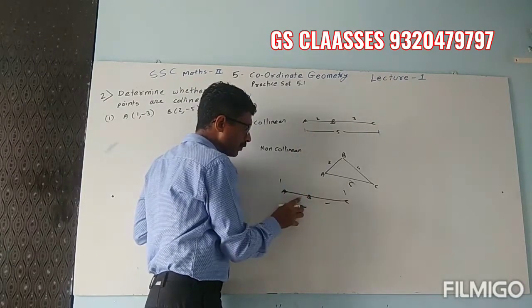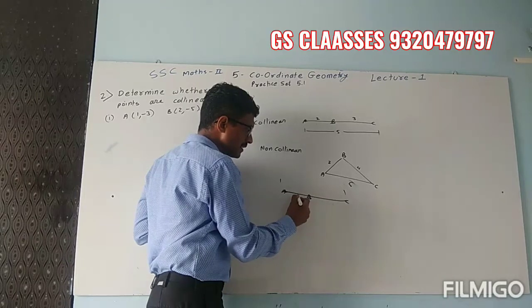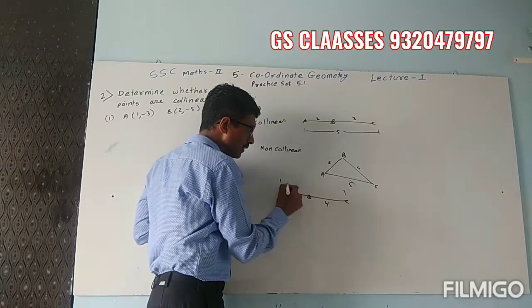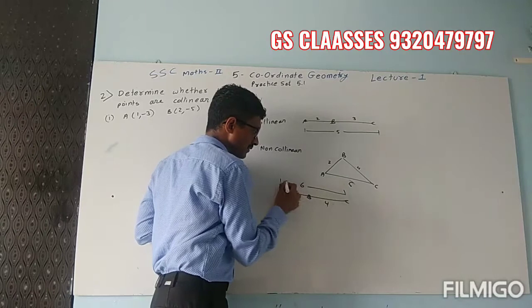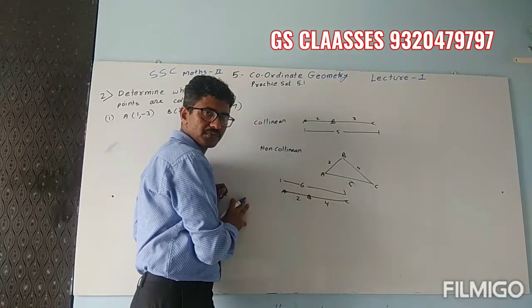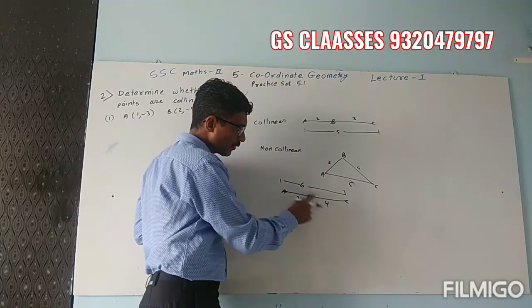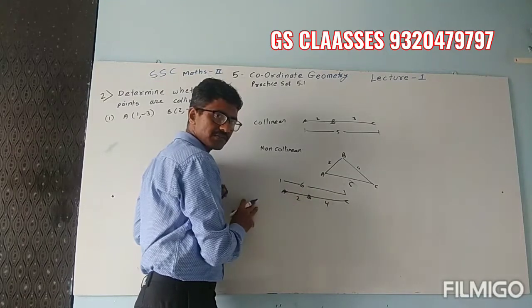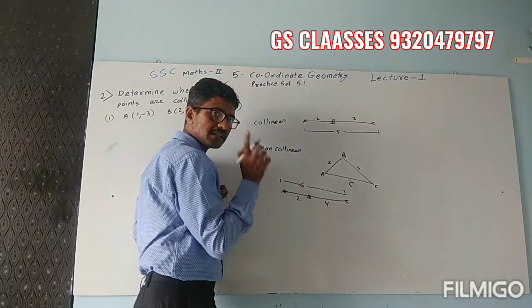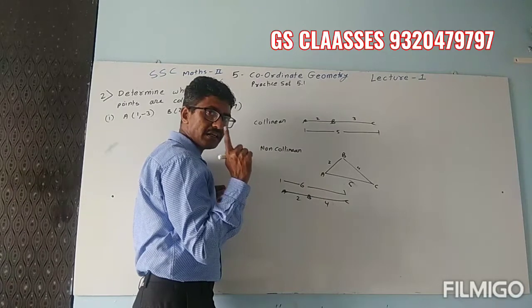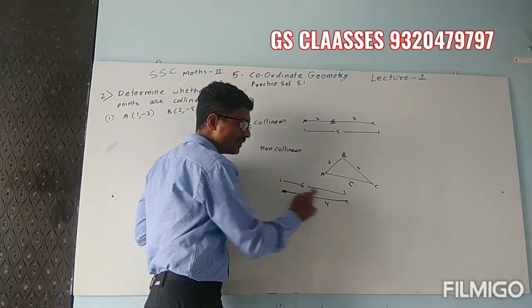That same we wrote with the example. Suppose this is 2, this is 4. This has to be 6. Am I right? 2 plus 4 is definitely going to be 6. This is possible only if the points are collinear.